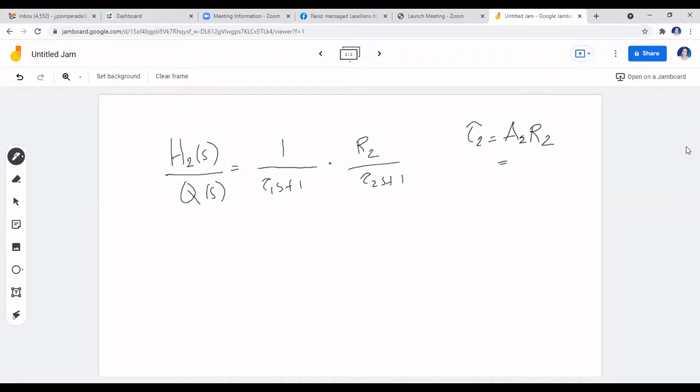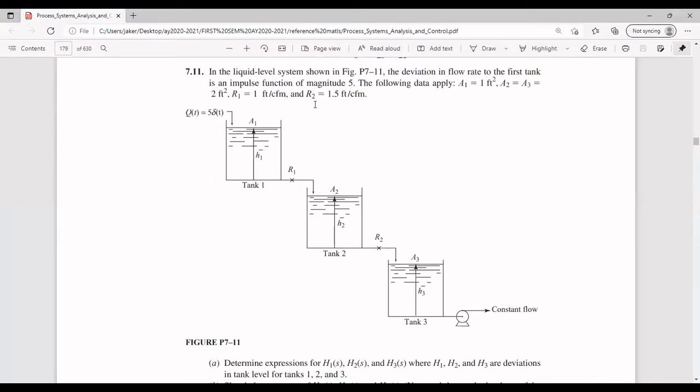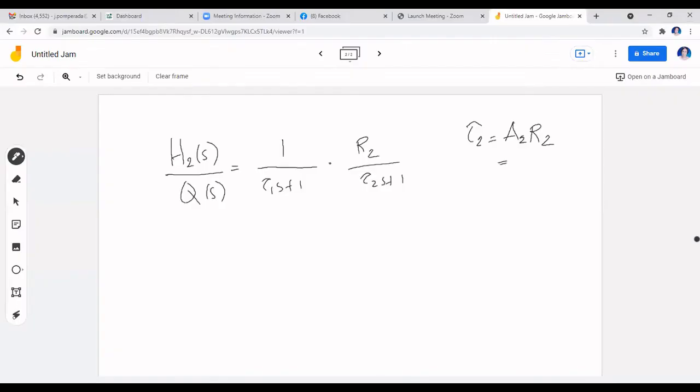Now, as for the given in tank 2, you have R2 as 1.5 and A2 as 2. So 2 and 1.5. Go back to our board. So you have here 2 and you have here 1.5. So this gives us a 3. Now you have H2 of S.